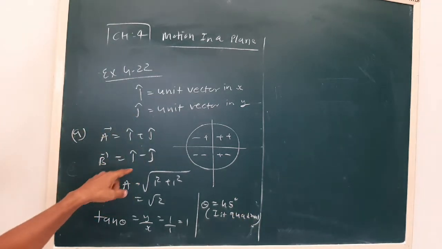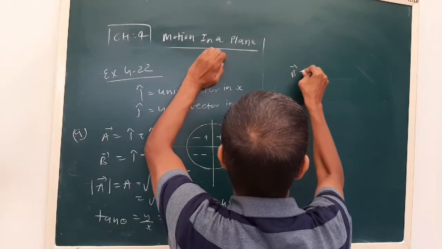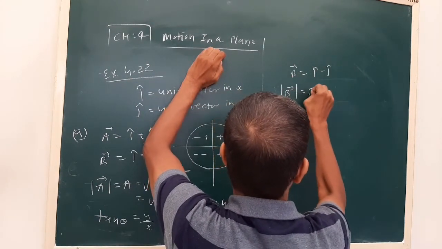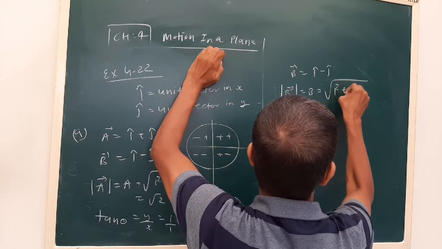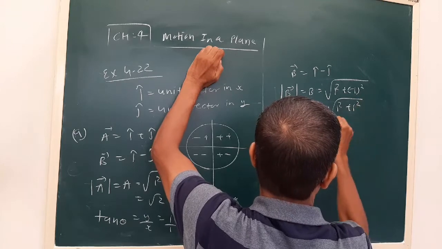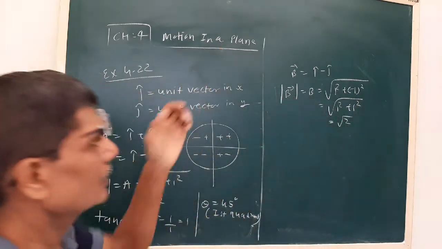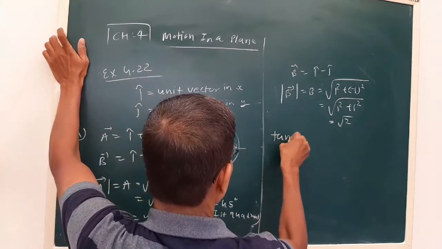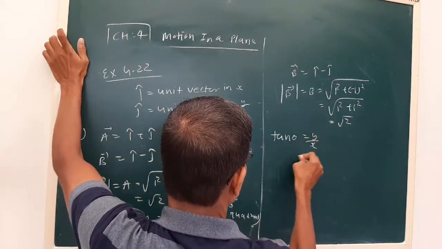Now the second, B is i minus j. The magnitude is root 2. Now the direction, tan theta is y upon x.